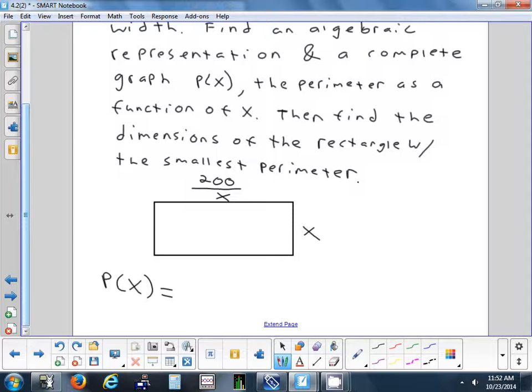Well, now that we know the length and the width of our rectangle, the perimeter should be easy to find, as long as you know the relationship between the sides of a rectangle. Anyone think they could give me a formula for the perimeter of that rectangle?